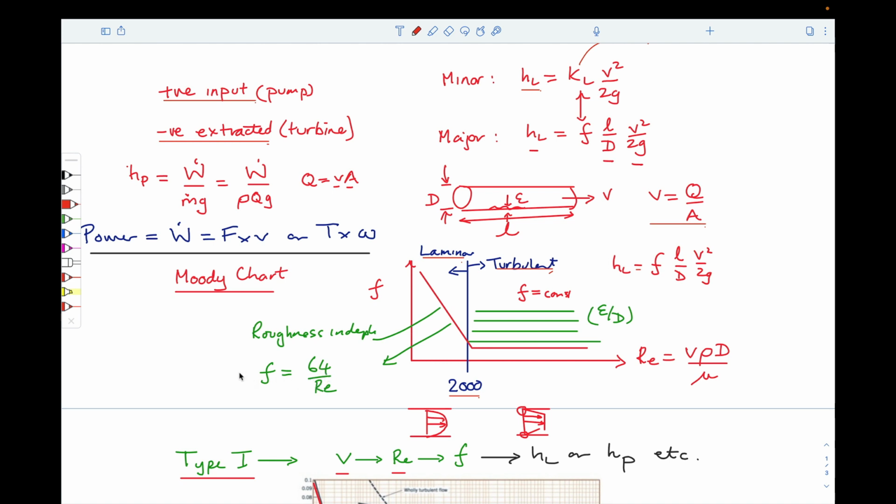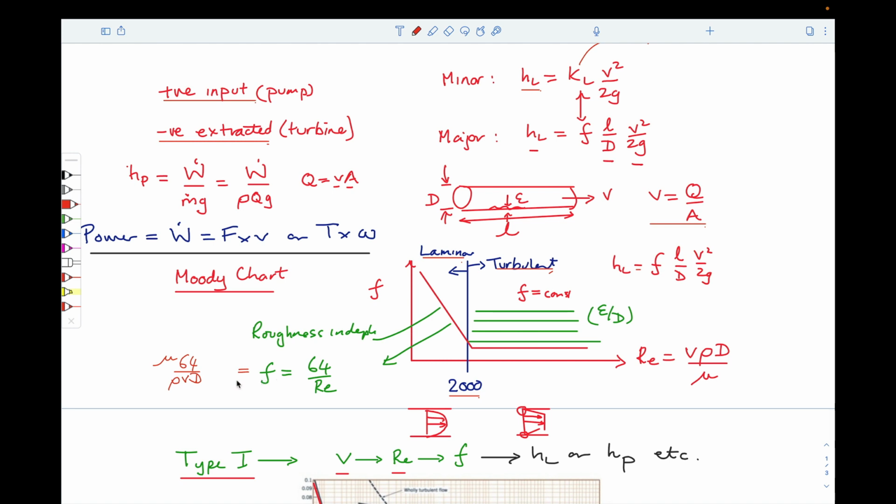And so if we want to be able to manipulate that, we can write this out in terms of 64 divided by the Reynolds number, which is a density, a velocity, a characteristic dimension divided by a viscosity.